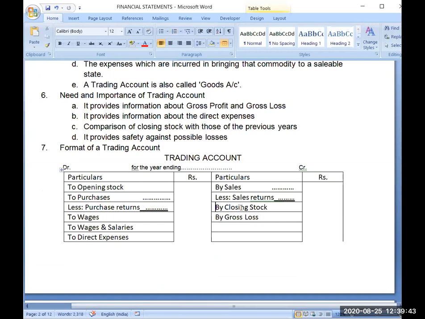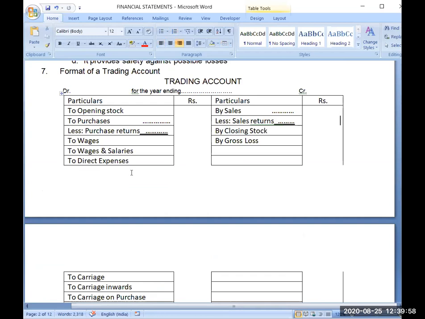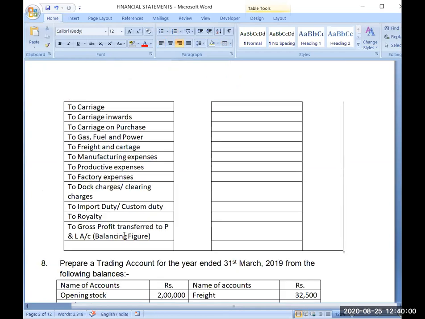It is on the opposite side. Minus closing stock. So this will become your cost of goods sold. Then it is net sales. So net sales minus cost of goods sold, what will I be getting? Gross profit.